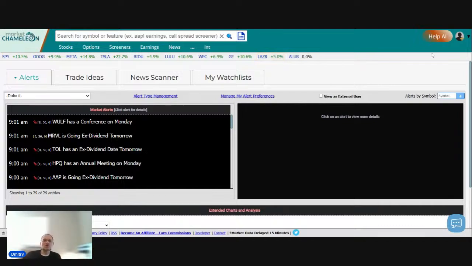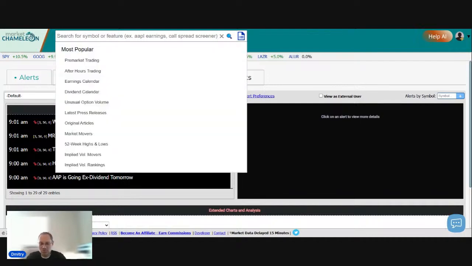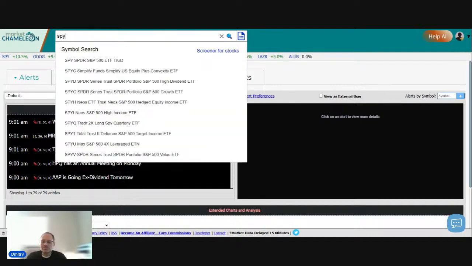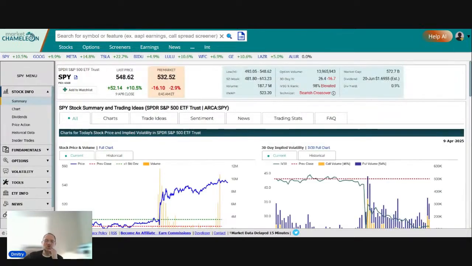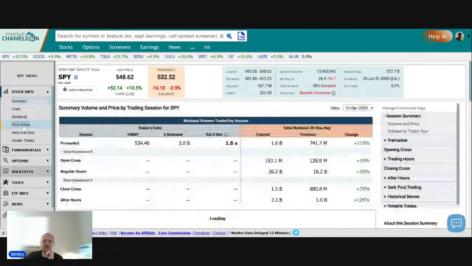Okay, so it'll make more sense once we look at an example. I'm going to navigate to SPY. So let's put SPY up in our search box. We come to this summary page, and then let's click on price action on the menu to the left.